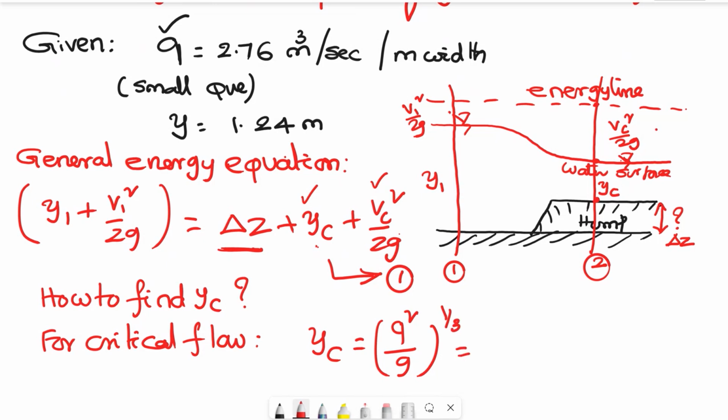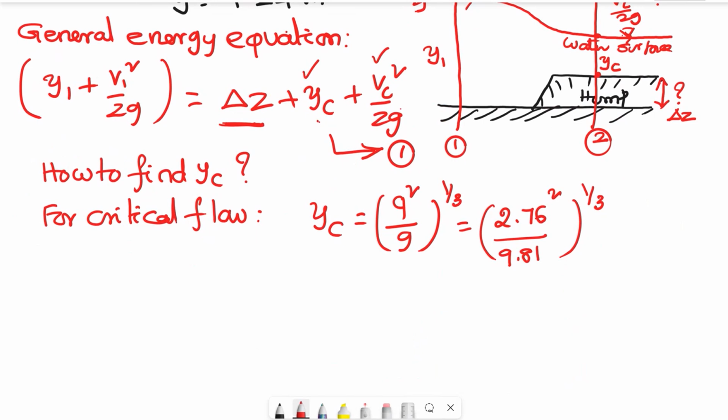So it is nothing but actually 2.76 whole square by g, which is 9.81, whole to the power of 1 by 3. Therefore, calculate 2.76. So therefore, yc, if I calculate, it is equal to 0.919 meters. This is first.